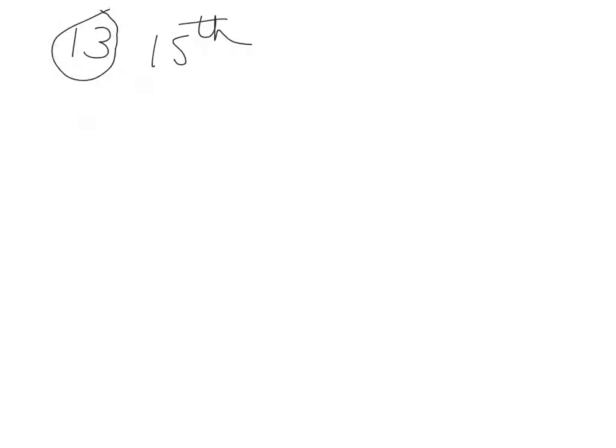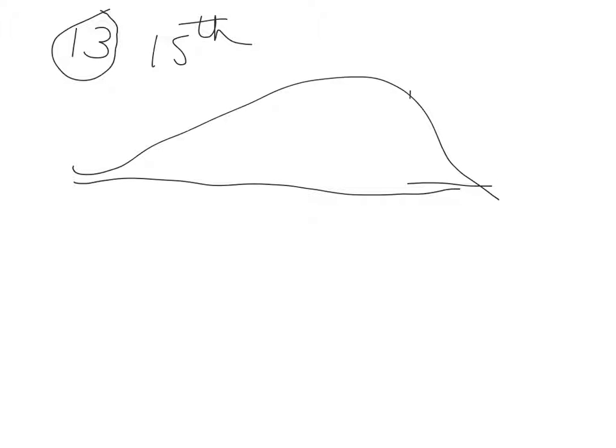Okay, so they're talking about the upper 15th percent. So, again, we're going to draw some pictures. Here's the upper 15th percent. Now, that's going to be 0.15. Now, you can't get that directly.